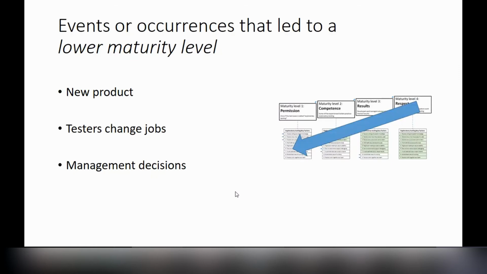Also, of course, if your testers change jobs, if they're a tight team that work together and suddenly half of your exploratory testers quit, then you have to build a new group of testers. It could also be, as we saw from the previous example, management decisions where someone says that we're not doing this, or we're not giving resources for this, etc.